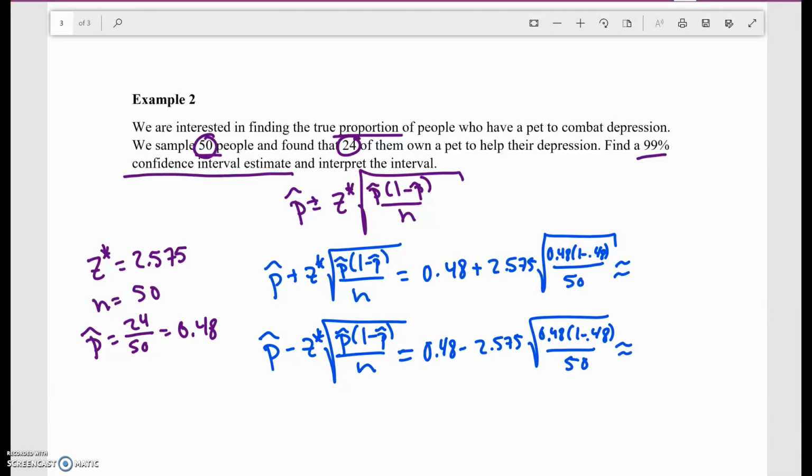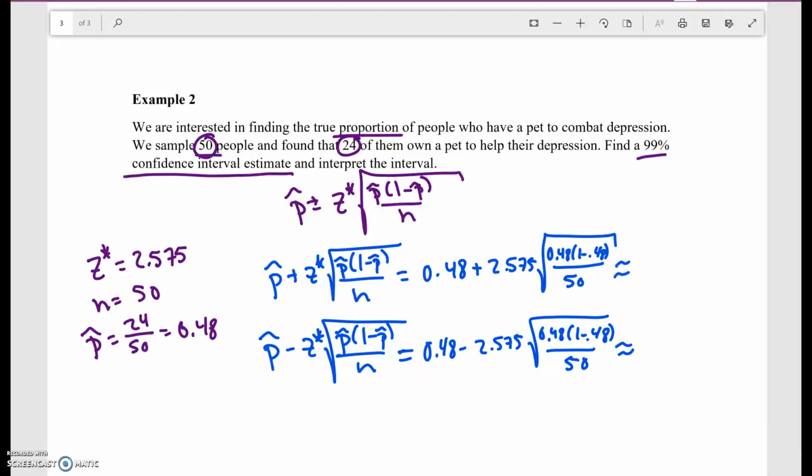Okay, so literally put all of that into your calculator just how it looks. So we're going to have 0.48 plus 2.575 square root of 0.48, 1 minus 0.48 divided by 50.